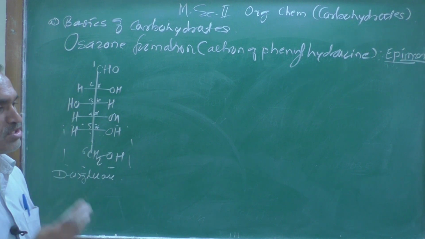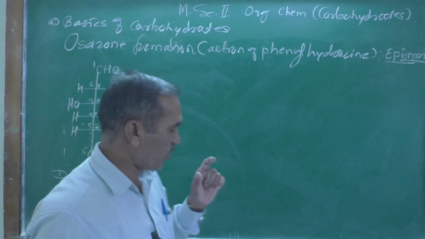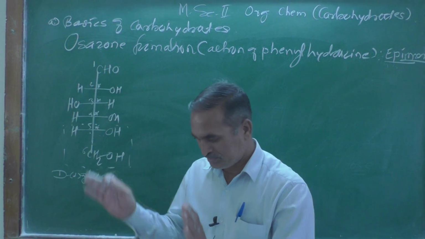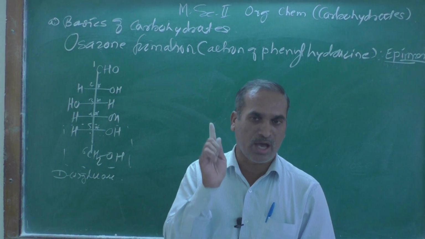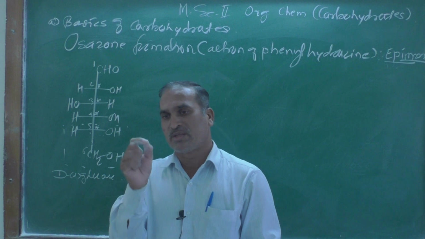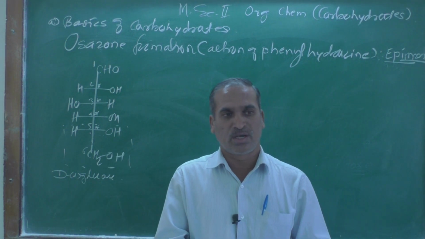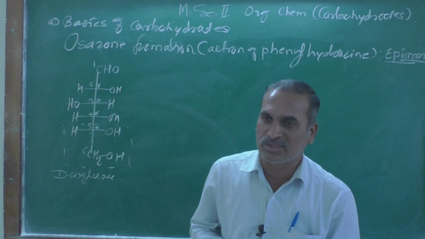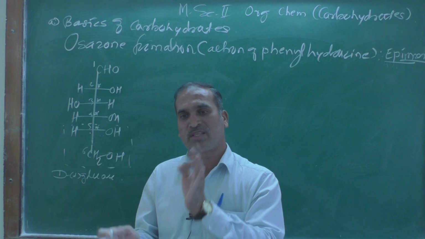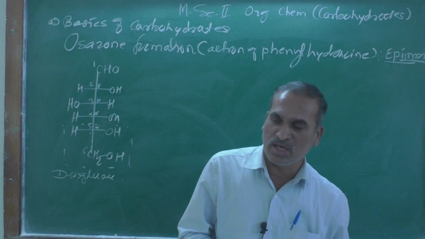These are the 3 scientists. They have formulated one rule that is known as the sequence rule. Sequence rule means the priority groups are arranged around the chiral center, and there are sub rules.